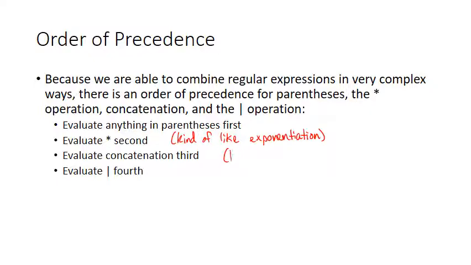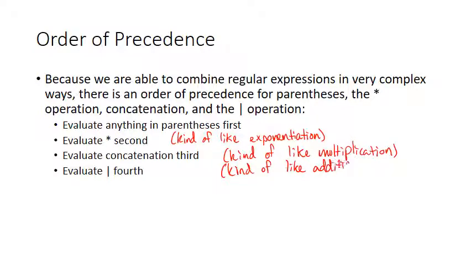Concatenation is kind of like multiplication. Obviously the operation itself is not like multiplication, but just in terms of the order of operations. And the or is kind of like addition. So in terms of your regular old PEMDAS, parentheses, exponents, multiplication, division, addition, and subtraction, this is the same kind of order. Star first, concatenation next, and then or is last.